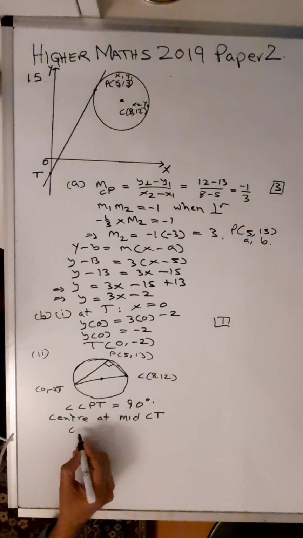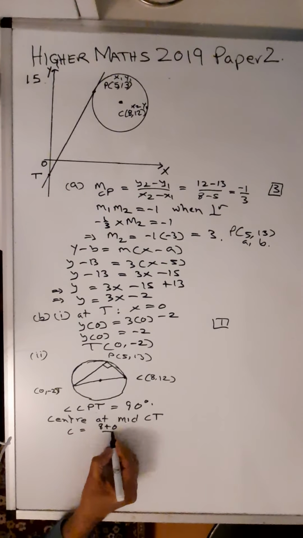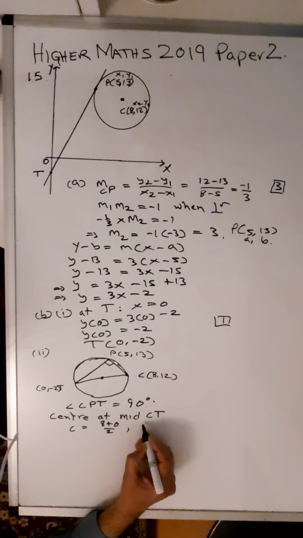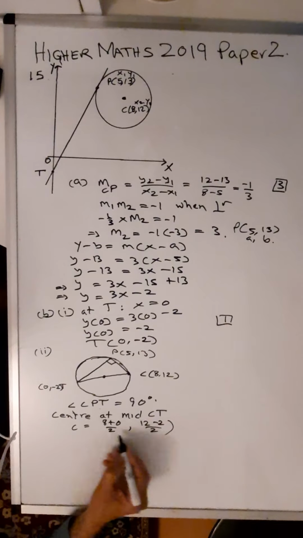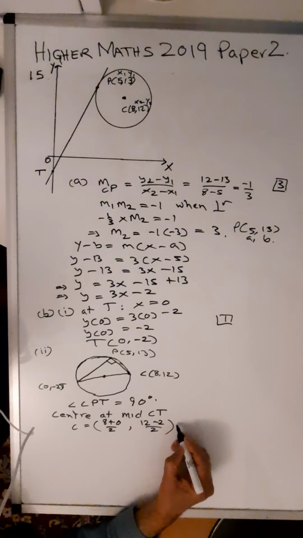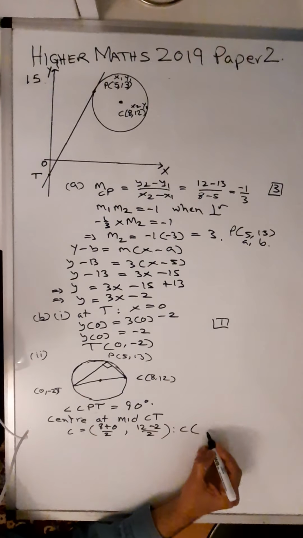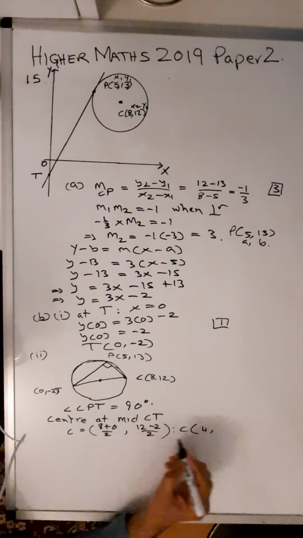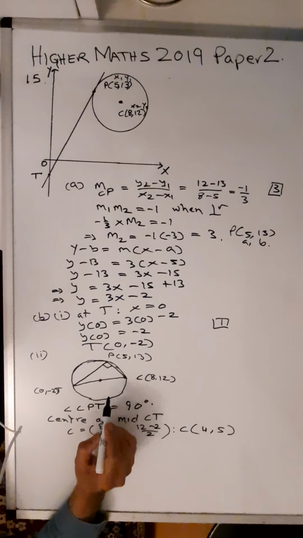So the center is going to be (8 plus 0) over 2 and (12 minus 2) over 2. That means the center is (4, 5). So center is at (4, 5).